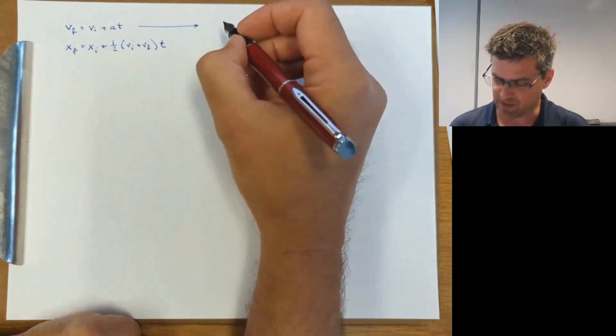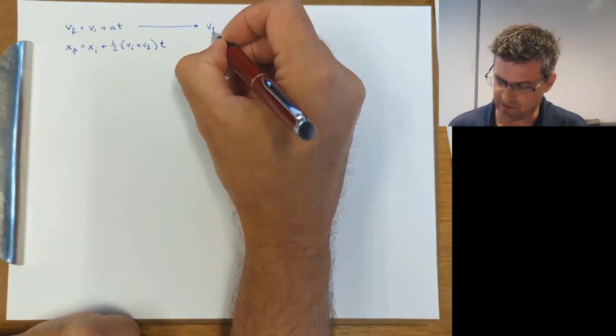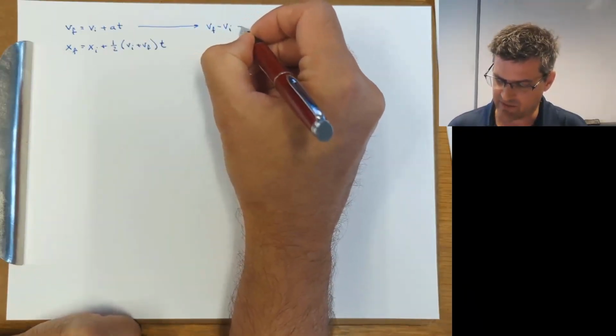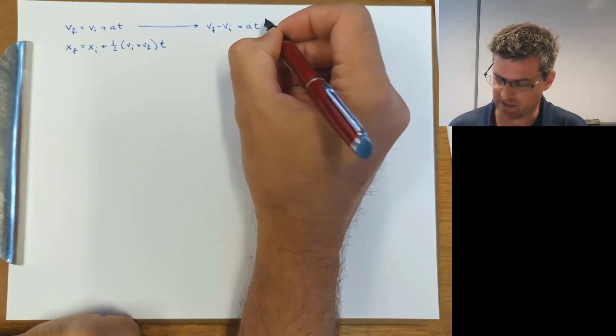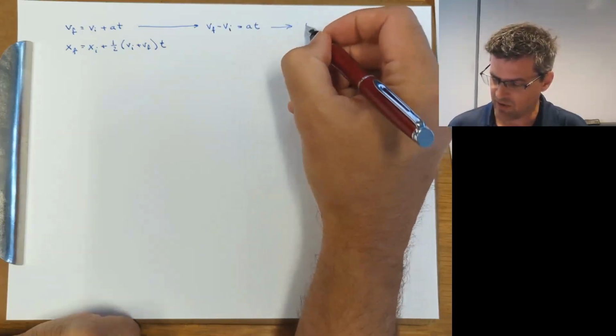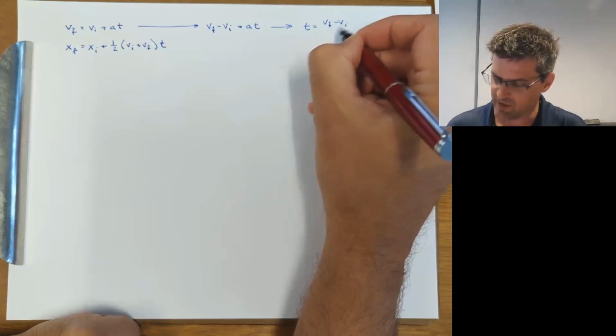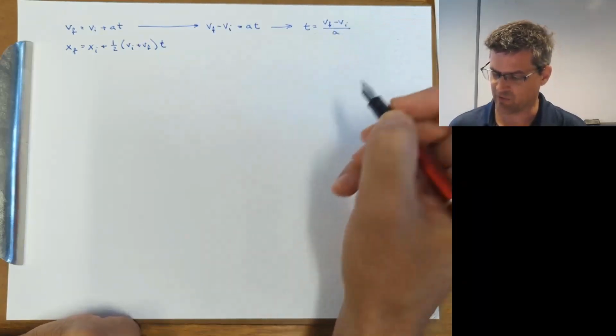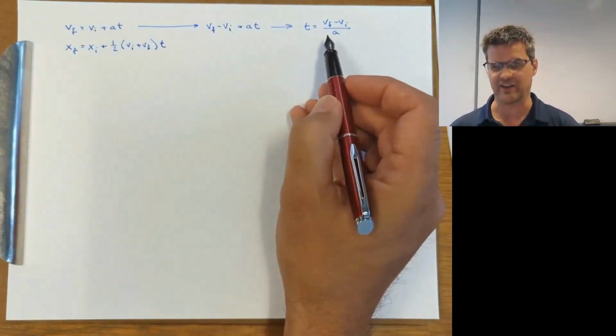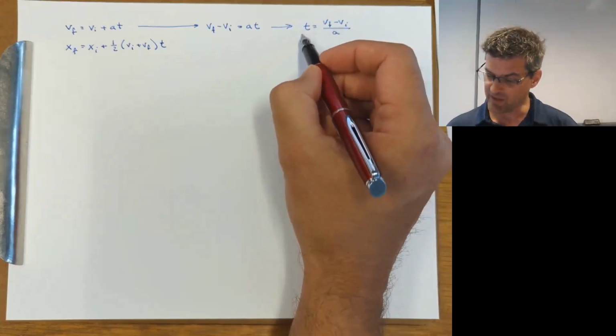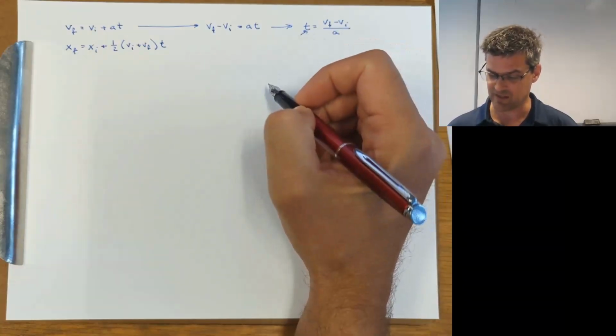Let's rewrite this equation as v final minus v initial equals at, or that t is equal to (v final minus v initial) over a. This is just algebra, but it tells me what t is.